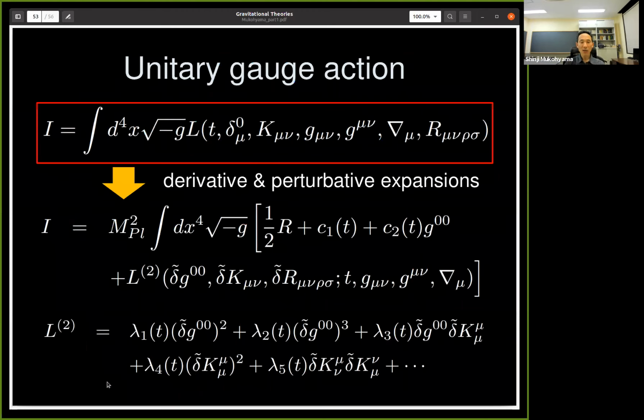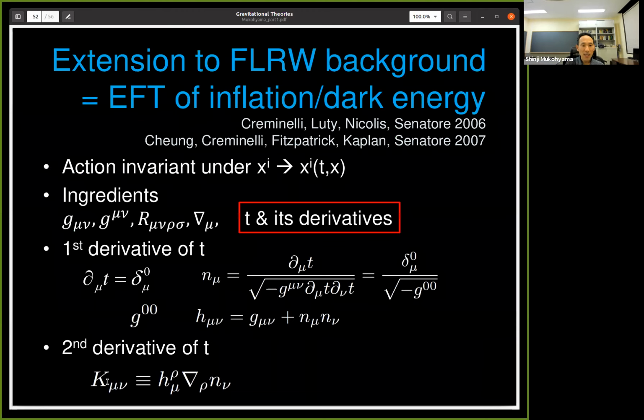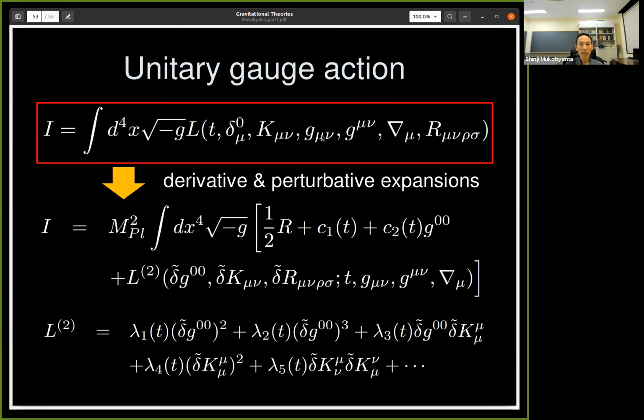So the action can be constructed from these ingredients. In general, we have some integral over spacetime of some scalar quantity. This scalar quantity is written in terms of time, the Kronecker delta with 0 upstairs, of course, the extrinsic curvature, the metric, the inverse of the metric, the covariant derivative, and the curvature.